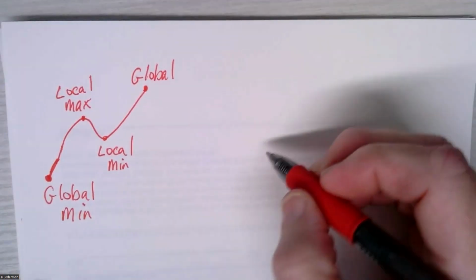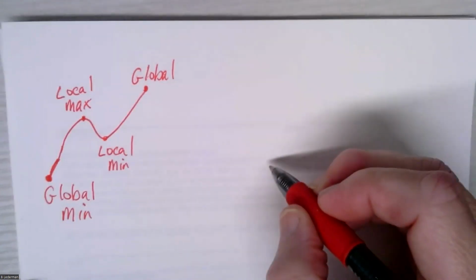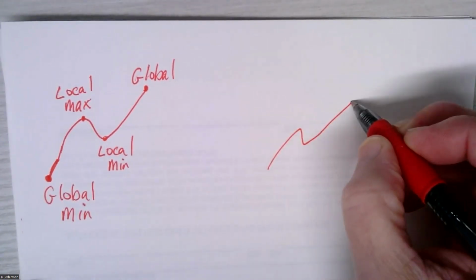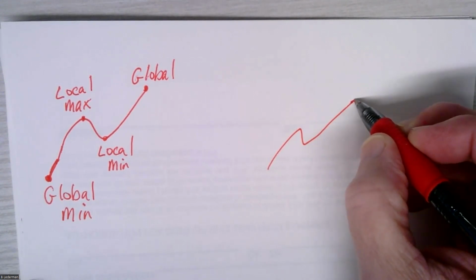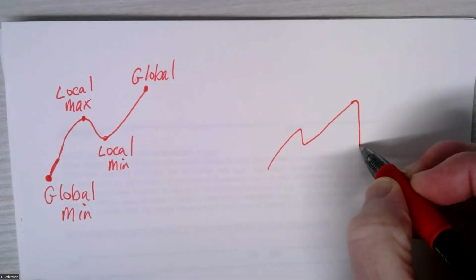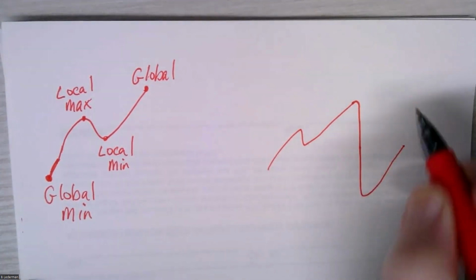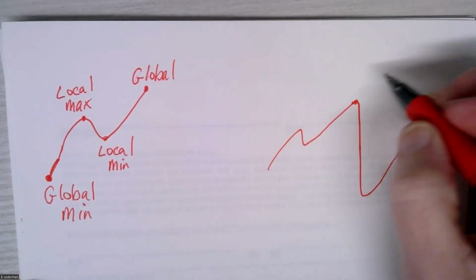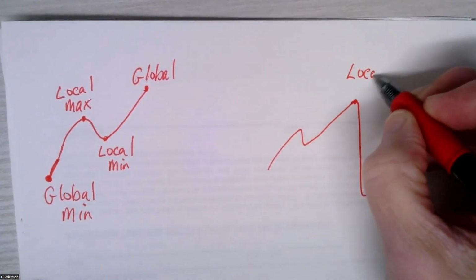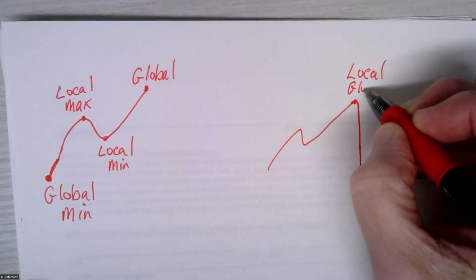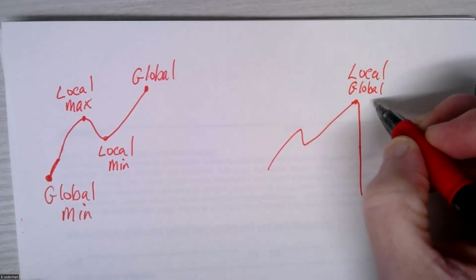Now, of course, I could have an example like this guy over here, where this point up here is local and global max.